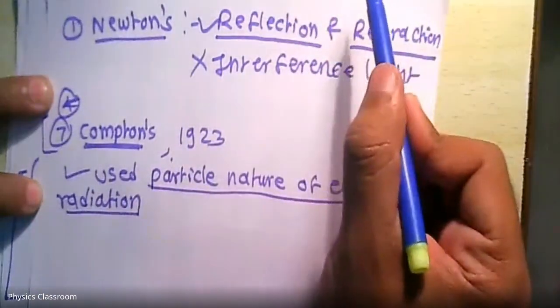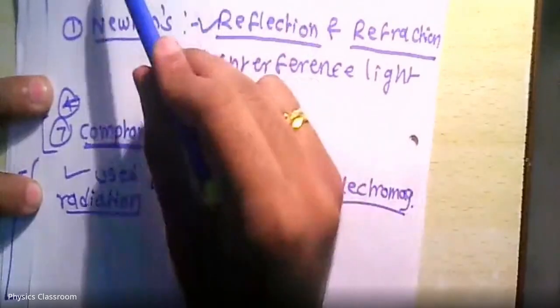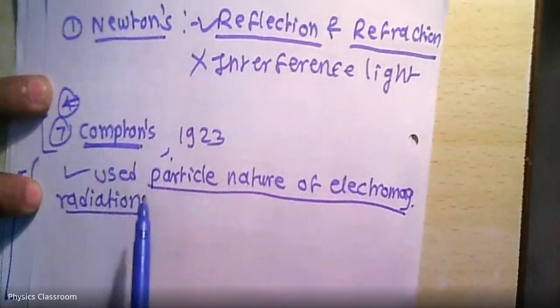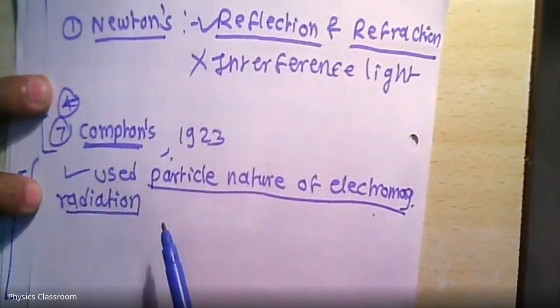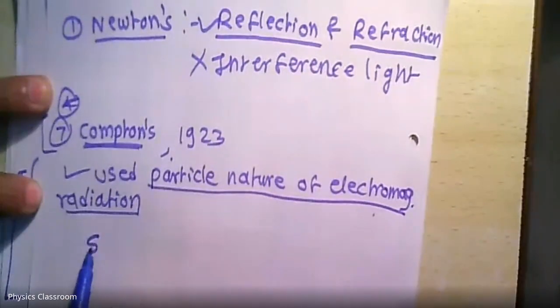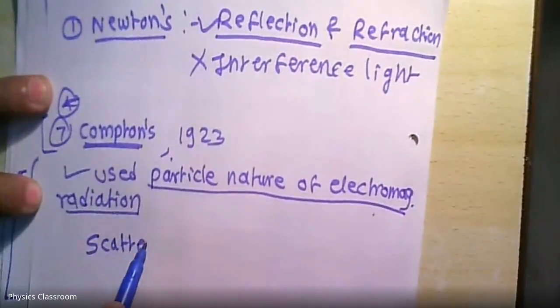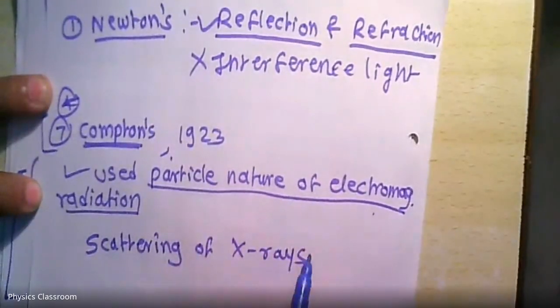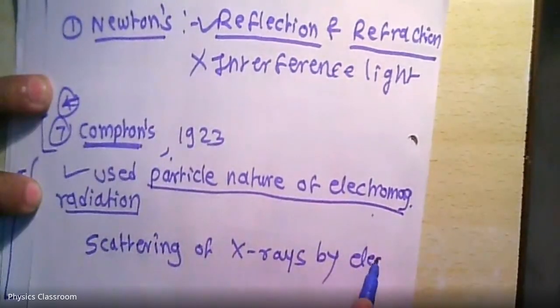Previously, the particle nature of light was explained by Einstein also. Then in 1923, Compton used the particle nature of electromagnetic radiation to explain the scattering of X-rays by electrons.